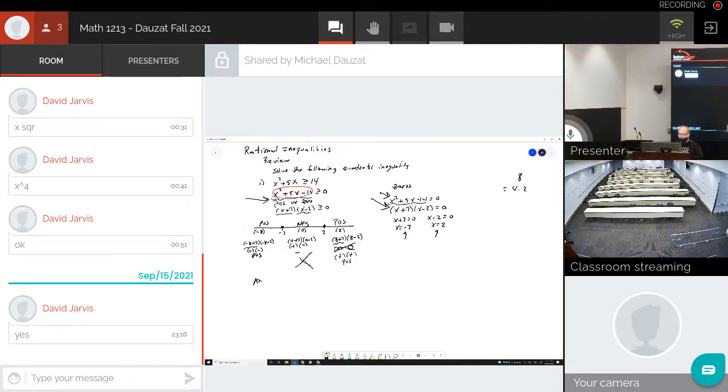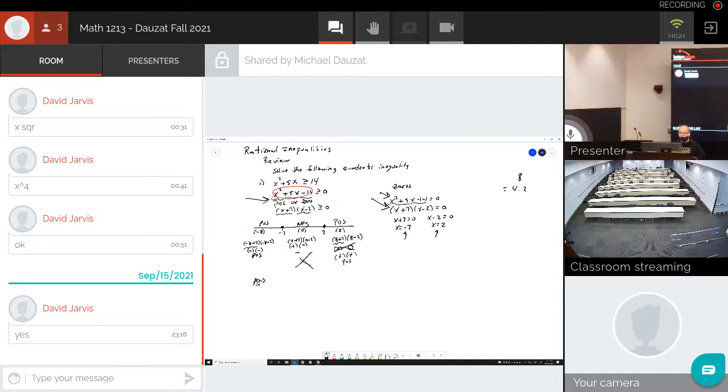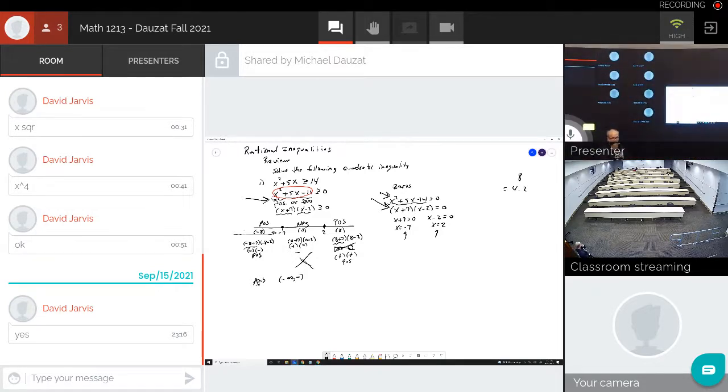So the answer is going to be, and how many intervals do you see that are going to be solutions? 2. All right. So you're going from here to -7. So you're going to say negative infinity to -7. Now, am I going to use bracket or parentheses at -7? Bracket. Why bracket?